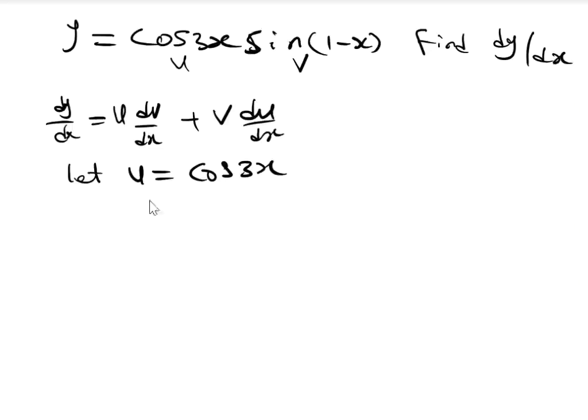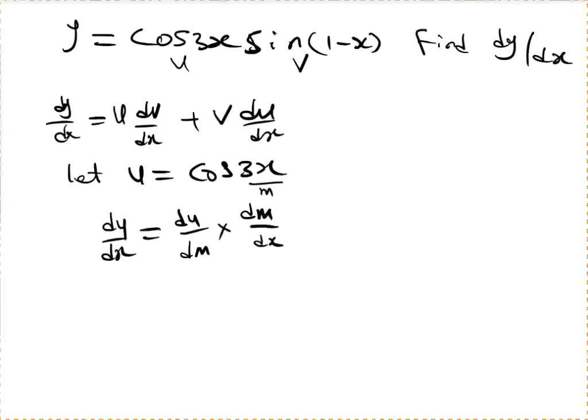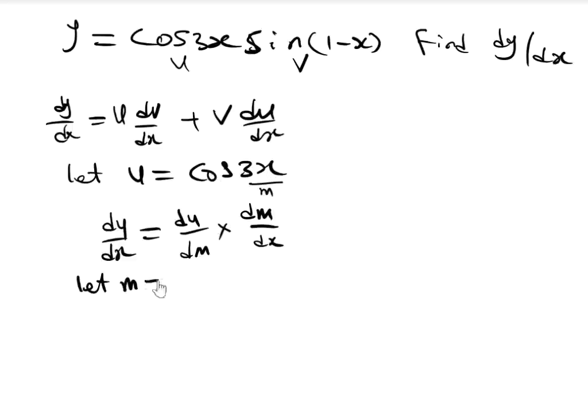We can say let m be 3x, then du/dx will be equal to du/dm multiplied by dm/dx. Therefore, we assume m to be 3x, then dm/dx will be equal to the differentiation of 3x, which is 3.